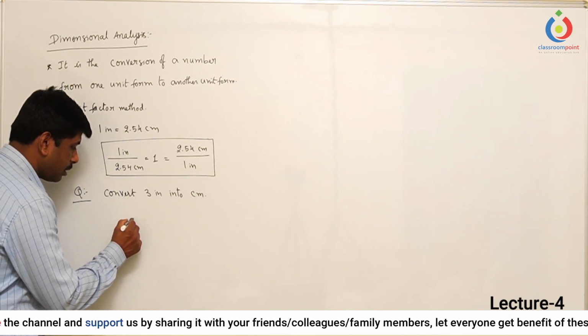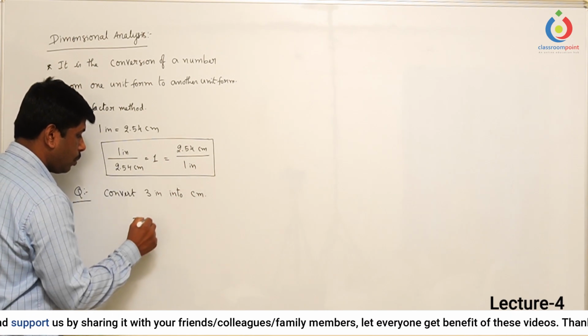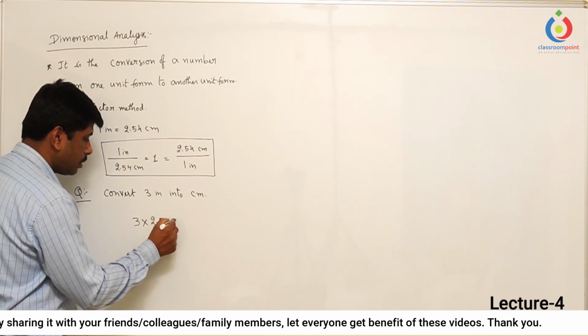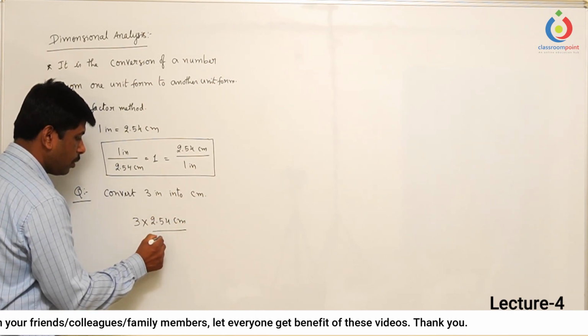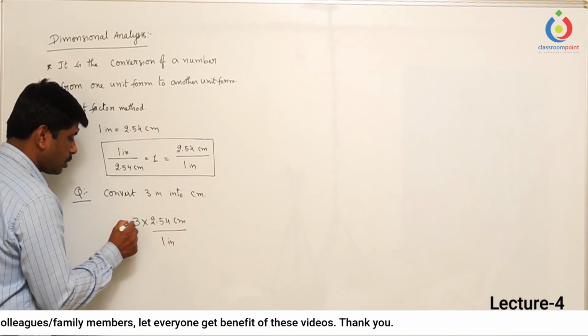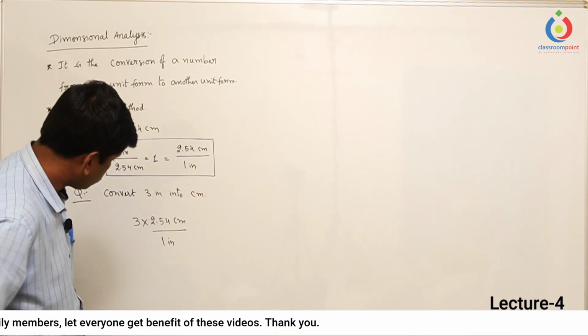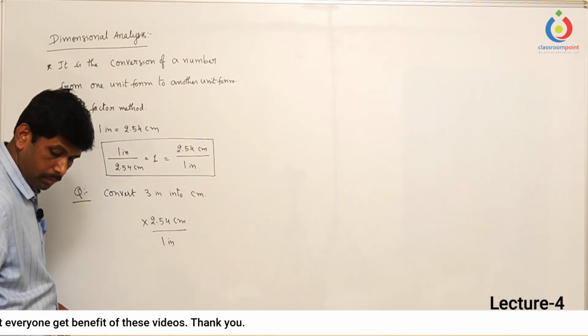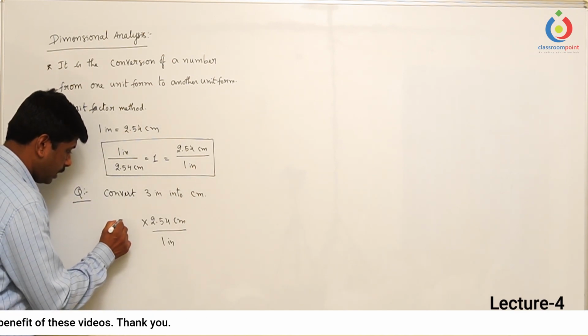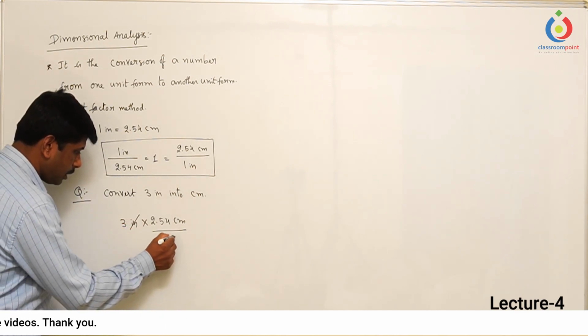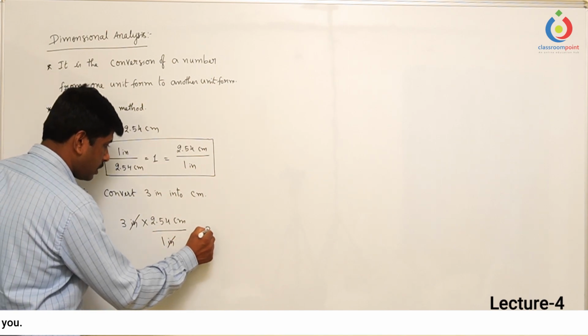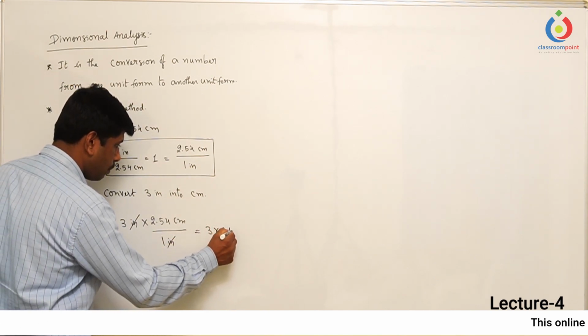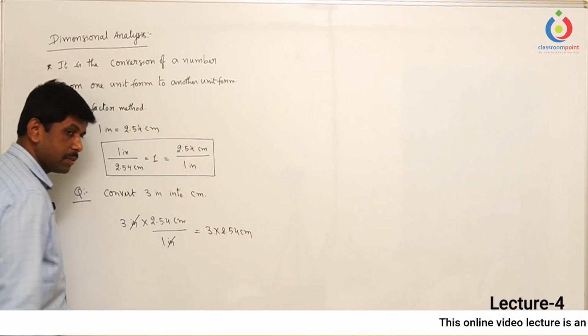So this can be written as 3 into 2.54 centimeters divided by 1 inch. Here the inches cancel out, so finally the answer is 3 into 2.54 centimeters.